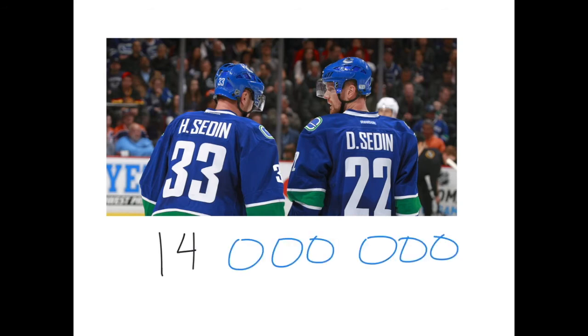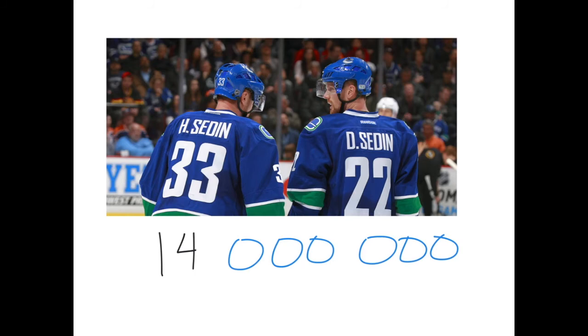Henrik and Daniel Sedin. Together they make $14 million. And they're twins, so they split everything even, right? I don't know. But they do make $14 million. The Canucks pay them $14 million. How many zeros is a million? You're right. It's 6. $14 million.